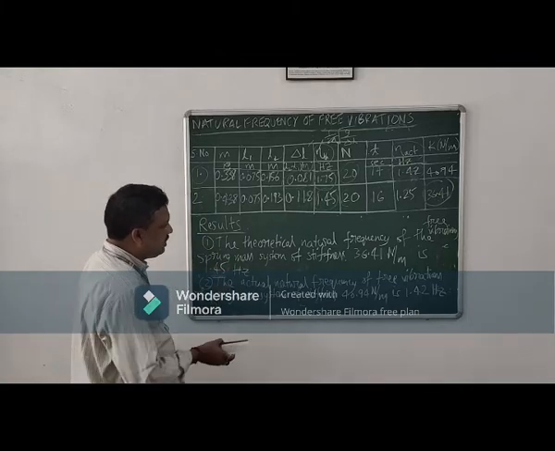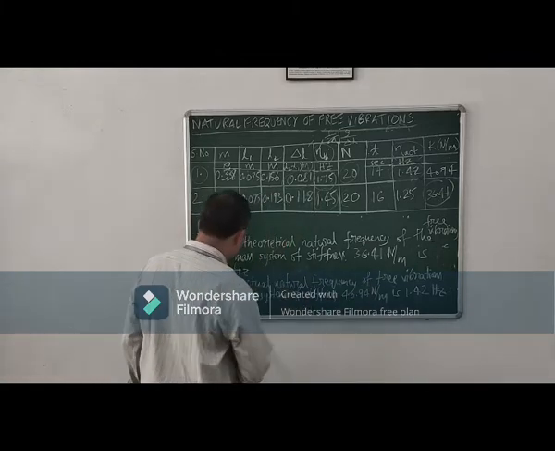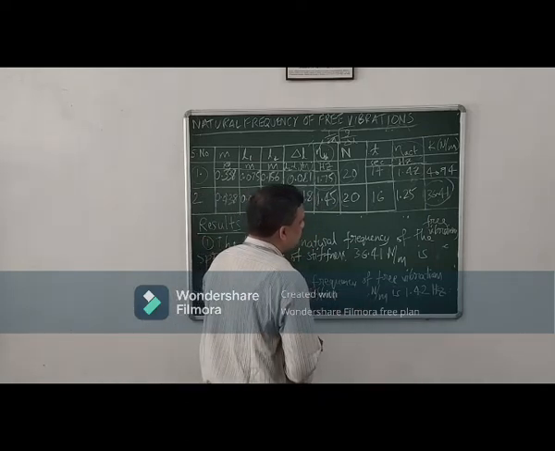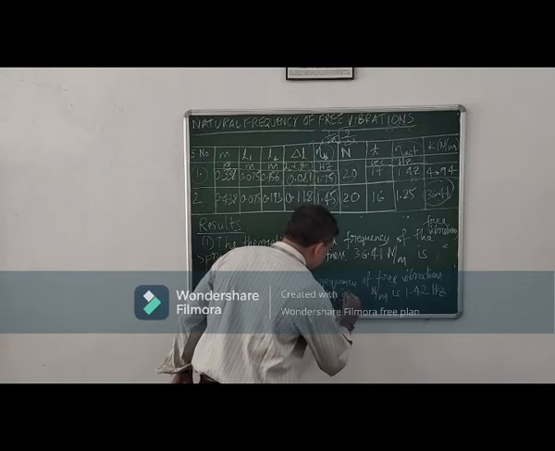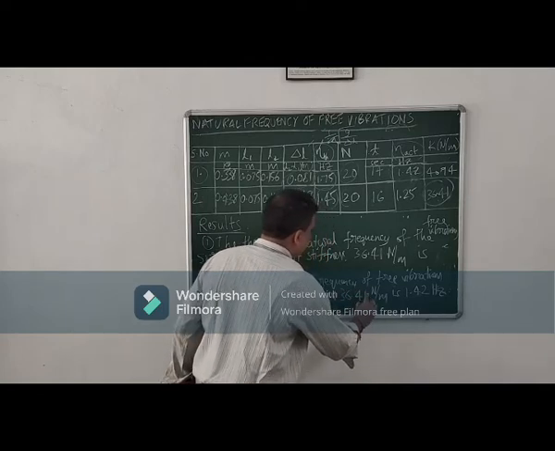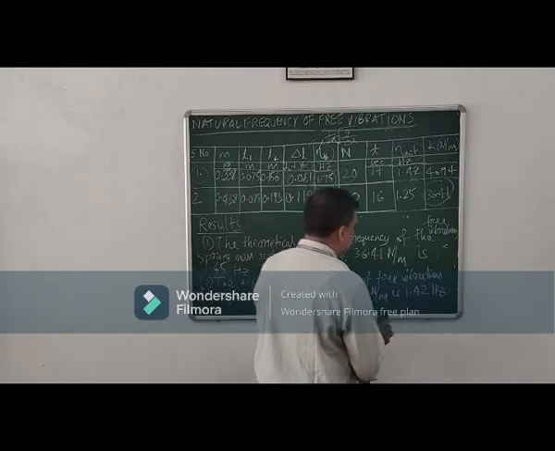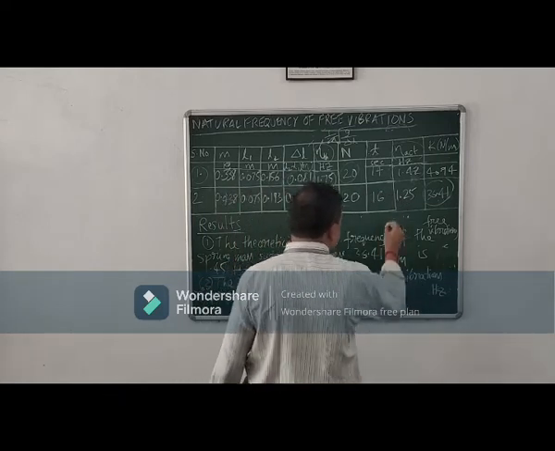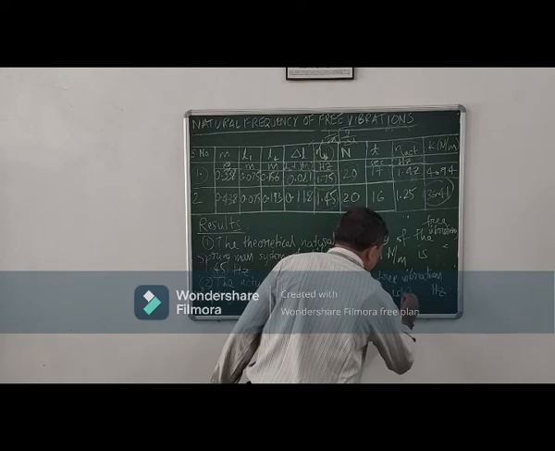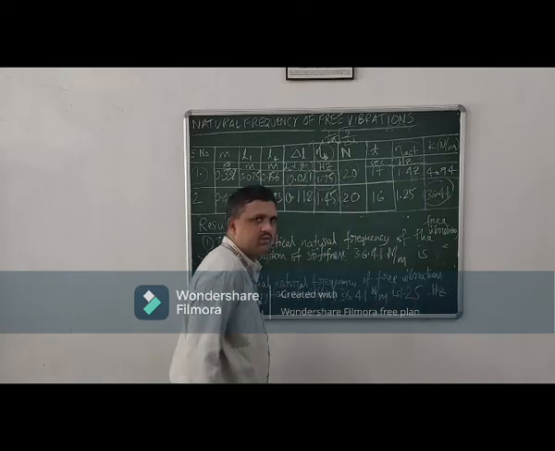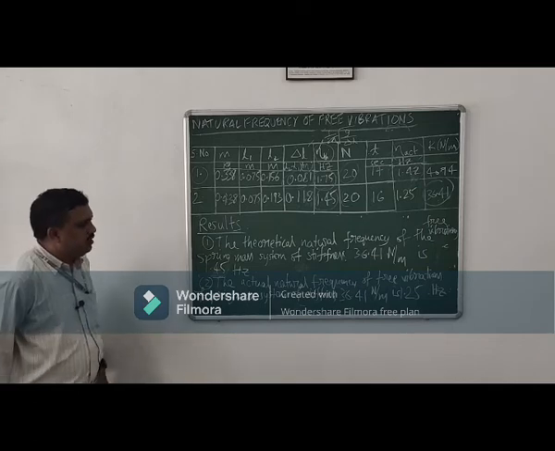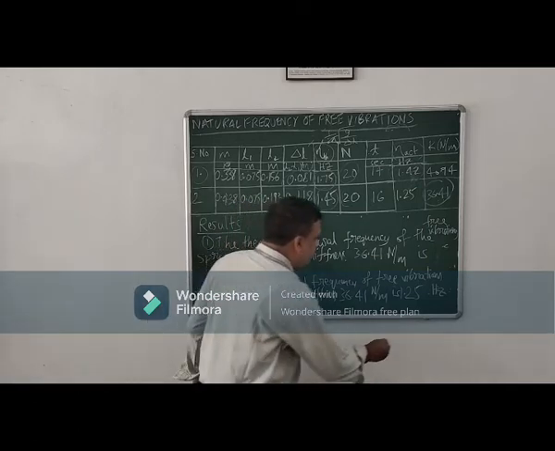And the actual natural frequency of free vibrations of the spring mass system of stiffness 36.41 Newton per meter is 1.25 hertz.